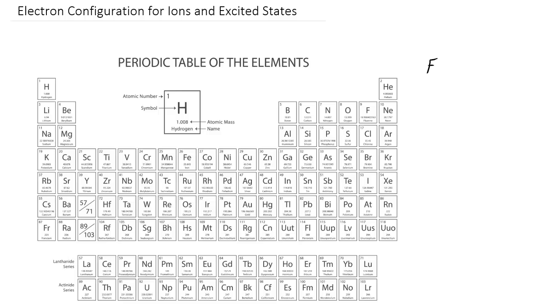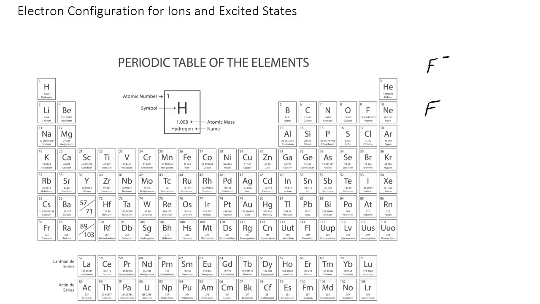So we know fluorine exists as a negative ion. That negative means that in terms of the electron configuration, fluorine will have a different electron configuration in its ionic state than when it's in its neutral state.